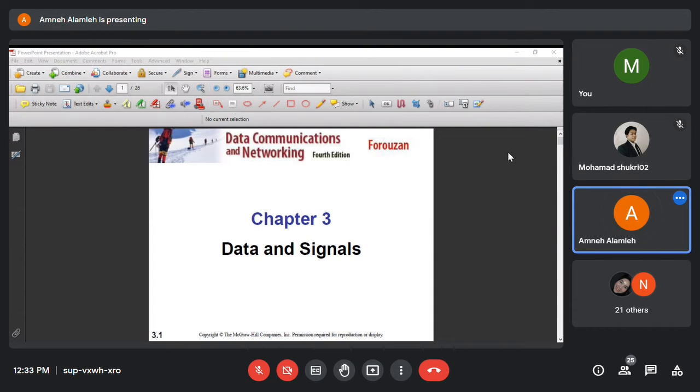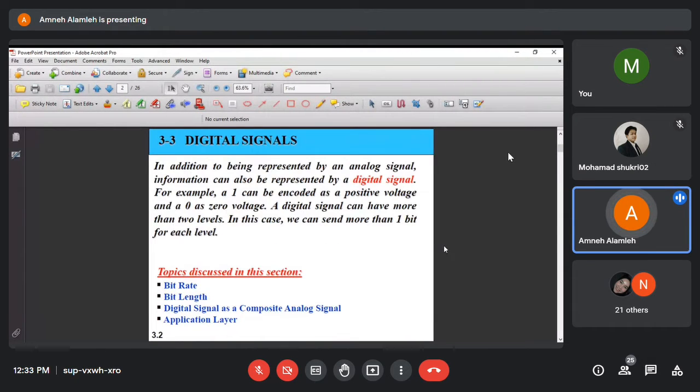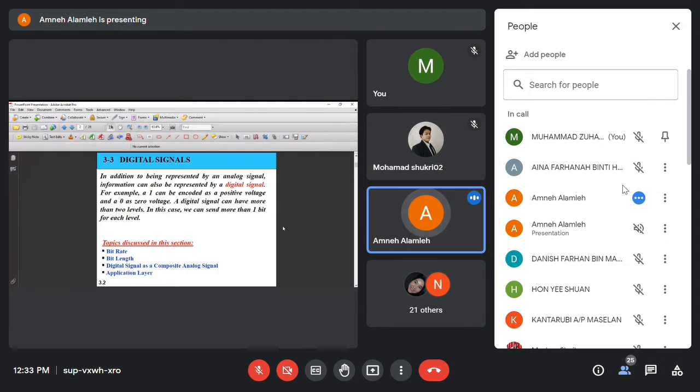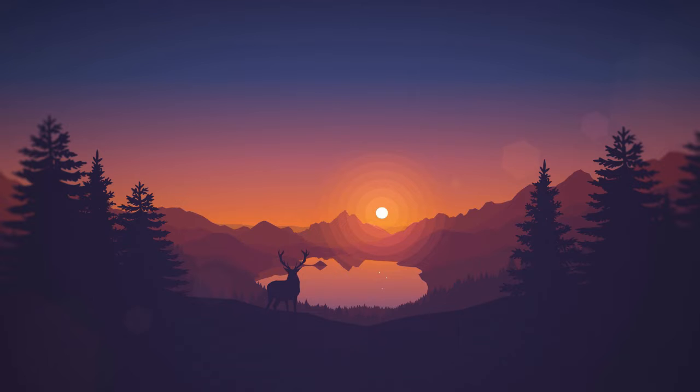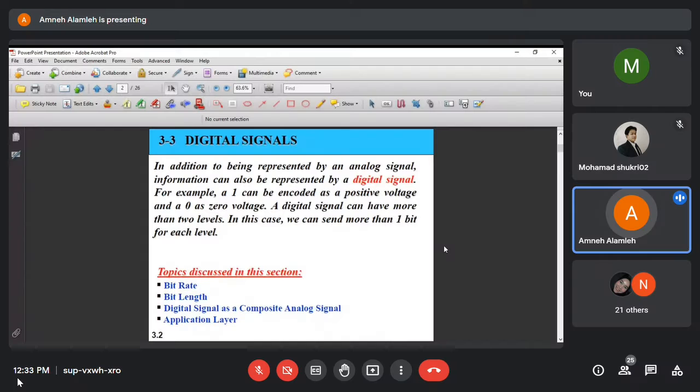So, our lesson today is about digital signals. A digital signal can have more than 2 levels. In this case, we can send more than 1 bit for each level.